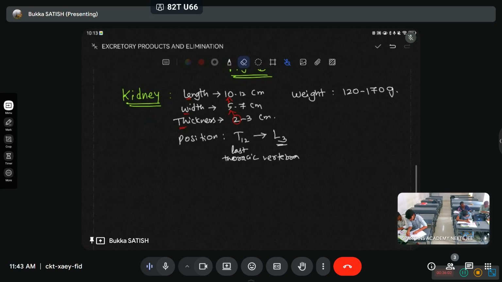Right. Next, the position itself you can just write. Both the kidneys are retroperitoneal.